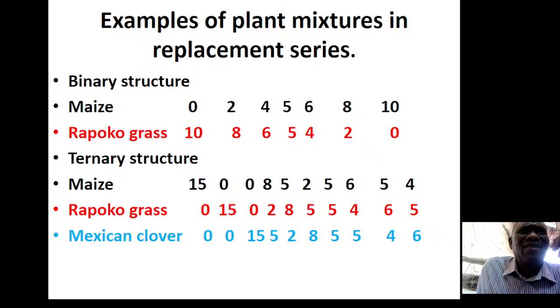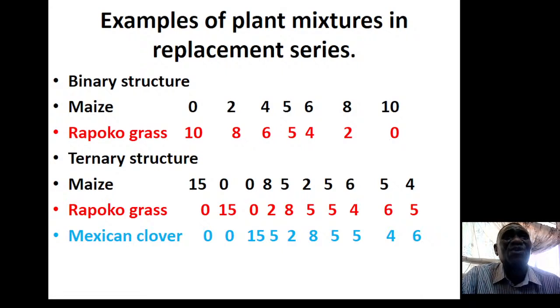Of course, you can increase the number of plants in the mixture, for example, like this, known as the ternary structure, where you have 15 maize plants, and 0 for rapoko grass and Mexican clover. Then you come up with 15 rapoko grass and 0 maize, 0 Mexican clover, or you end up with 15 Mexican clover, then 0 maize and 0 rapoko grass.